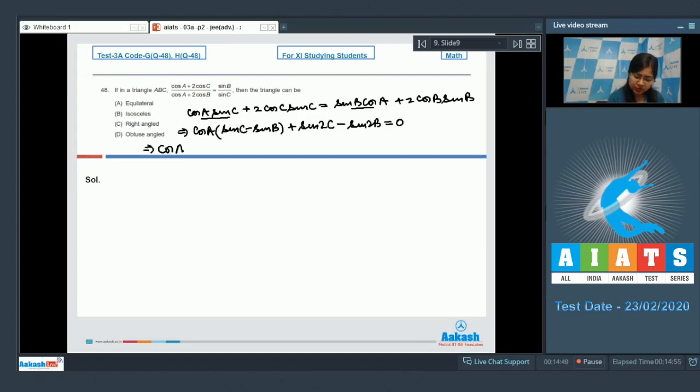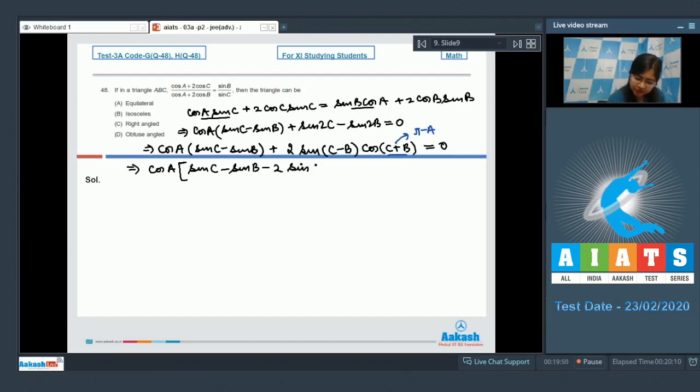That is cos A into (sin C minus sin B) plus, this can be written as 2 into sin of (C minus B) into cos of (C plus B), equal to 0. Now here C plus B can be written as pi minus A, that is cos of (pi minus A) is minus cos A. So cos A can be taken common, so we are left with (sin C minus sin B minus 2 times sin of (C minus B)) equal to 0.